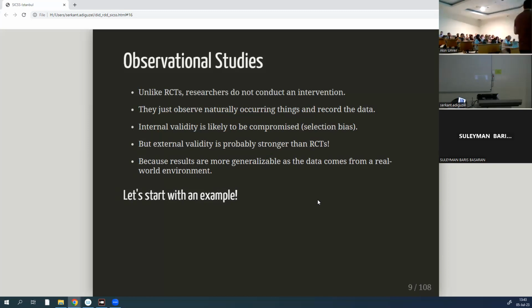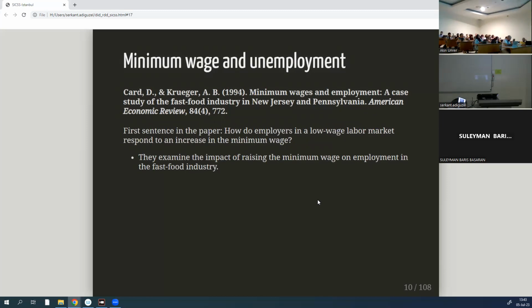I'm sure you're going to take a causal inference class in your future life. If you ever cover DID, you will probably start with this famous paper, Card and Krueger's minimum wage example, published in the American Economic Review in 1994. The question here is, what happens when there's an increase in minimum wage?